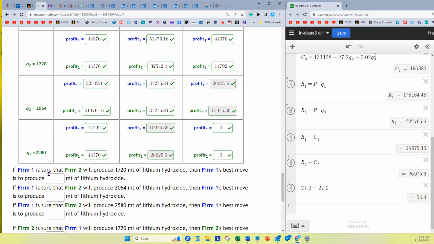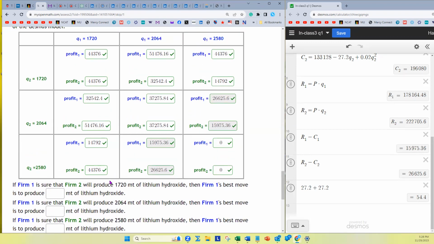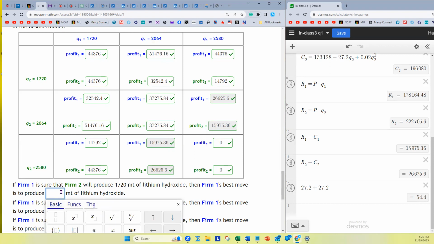Now, if firm 1 is sure that firm 2 will stay at low output, will adhere to the cartel agreement, we already said that firm 1's best response is medium output, right? 2064. Its profits are maximized and it goes medium when firm 2 goes low, right?